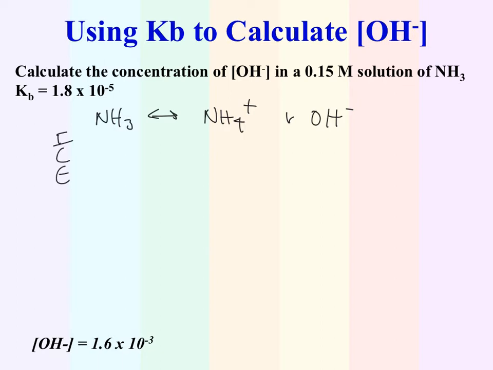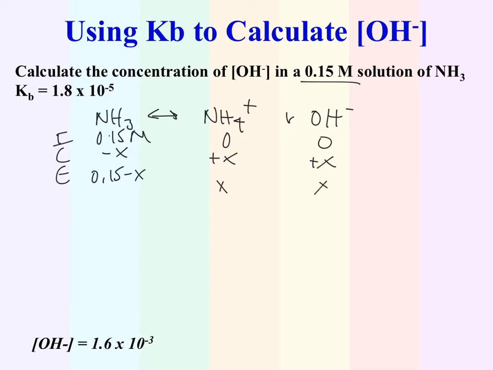Our initial concentration of NH3 is 0.15 molar, and our initial concentrations of ammonium and hydroxide ions are 0. Obviously our concentration of NH3 is going to be decreasing, and the concentrations of our conjugate acid and conjugate base are going to be increasing. We subsequently get the following values at equilibrium.